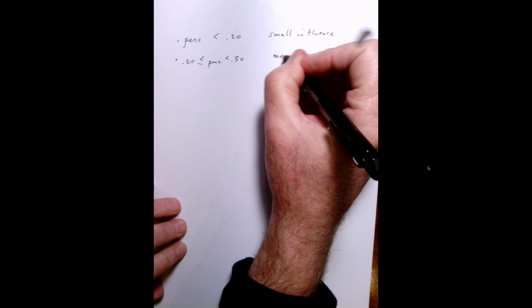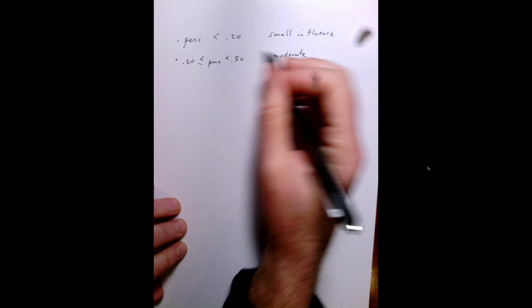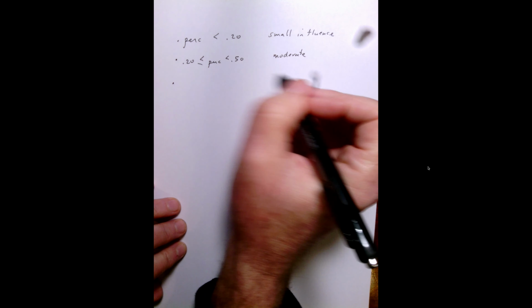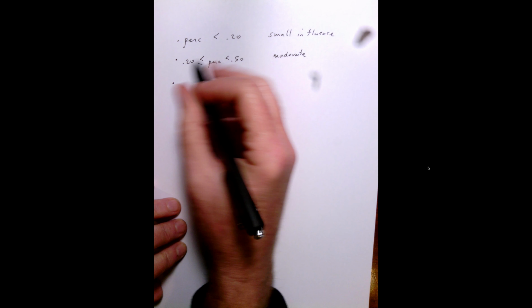If we have a percentile between 0.20 inclusive and 0.50, then we have moderate influence, and a moderate influence I wouldn't be concerned with.